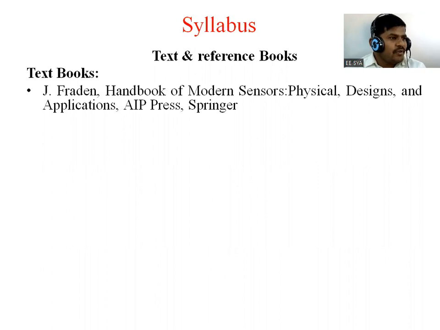First one, textbook: J. Fraden, Handbook of Modern Sensors, Physical Design and Application, AIP Press, Springer. I will also provide this ebook to you in the study material, in which there is a detailed explanation with better understanding.